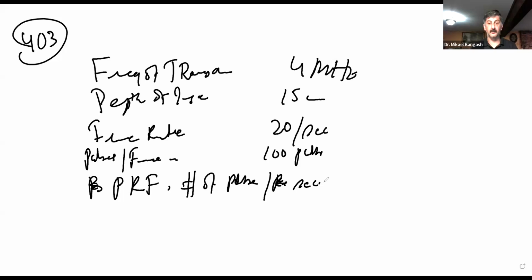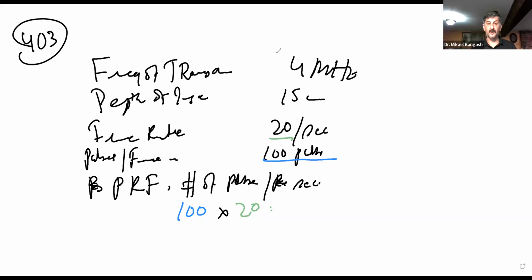Now we had a similar question here. To get that, we just multiply the number of pulses per frame, which was 100, by the frame rate, which is the number of frames per second. That will tell us how many pulses we have in a second, because each frame had 100 pulses and 20 frames were repeated in a second.